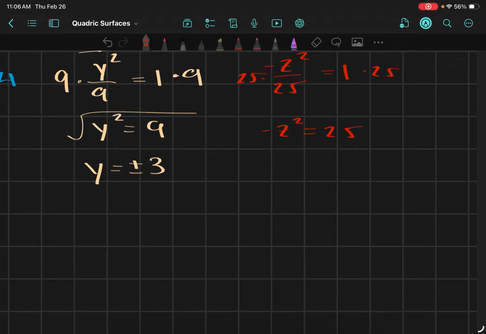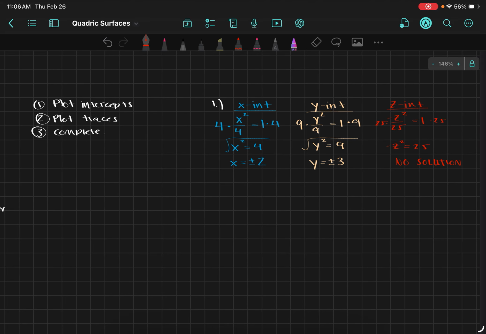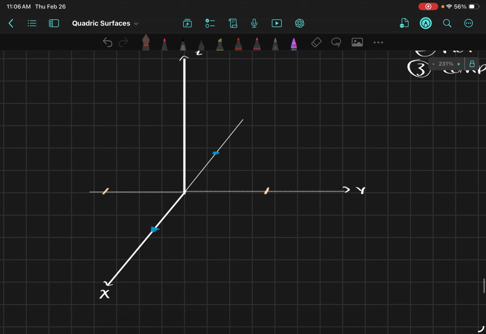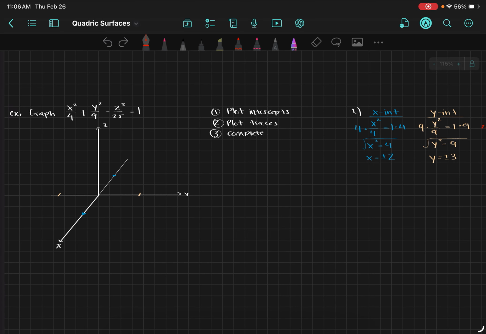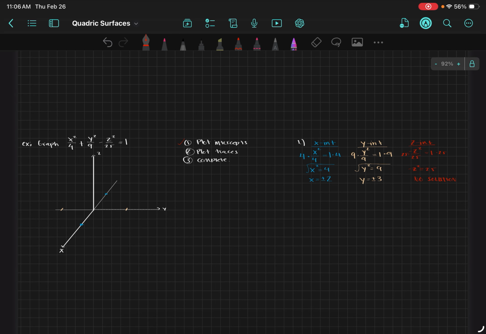We cannot square some value and make it negative and have it be positive. So this has no solution, meaning we have no z-intercept. Plotting our intercepts is done.